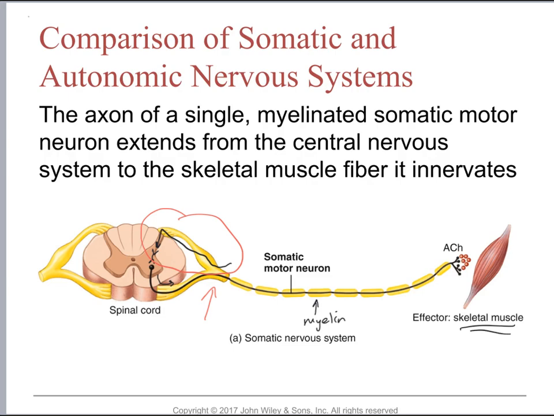The neurotransmitter being secreted at those synaptic end bulbs is acetylcholine. Again, just to reiterate, one axon, one neuron. The neurotransmitter is acetylcholine, and the effector is skeletal muscle. Again, this is a key component of the somatic nervous system.